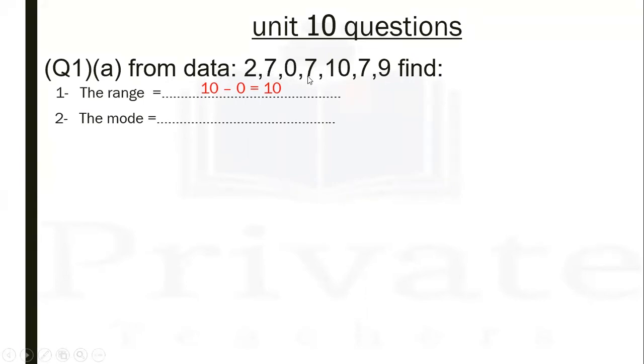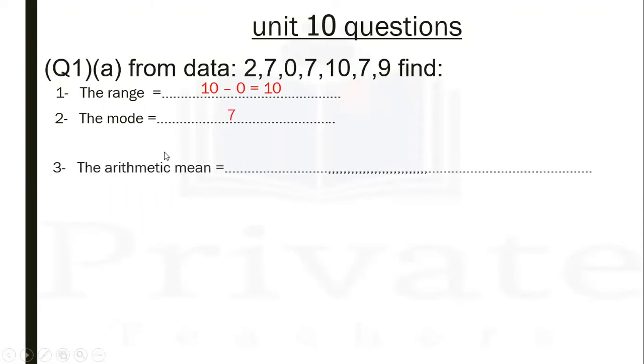The mode means the value that occurs the most. Here we find 7 occurs 3 times and it is the highest rate. So the mode here is 7. The arithmetic mean, we find it by adding all the values together, dividing by the number of the values.